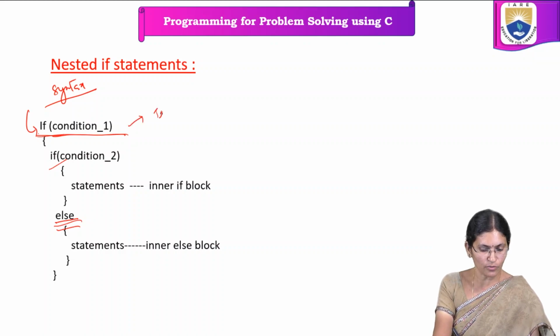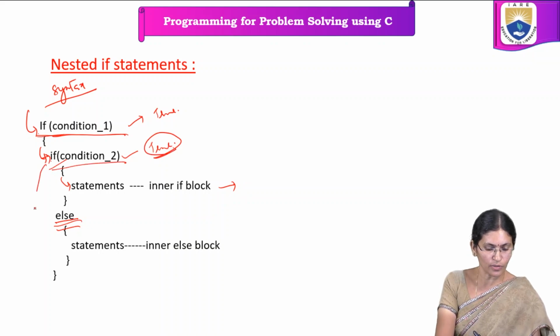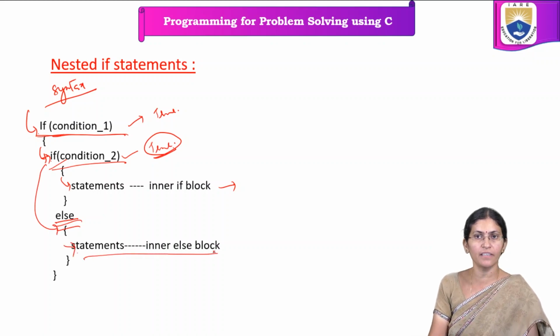If it evaluates to true, then it will enter and check this condition 2. If this is also true, then the statements inside this inner block are executed. If this condition 2 is false, then the control is transferred to the else part and the statements inside the inner else block are executed.